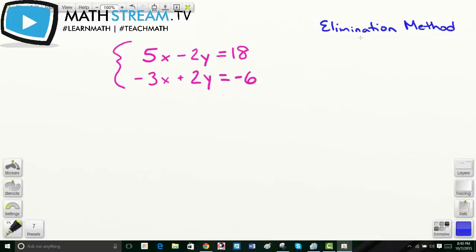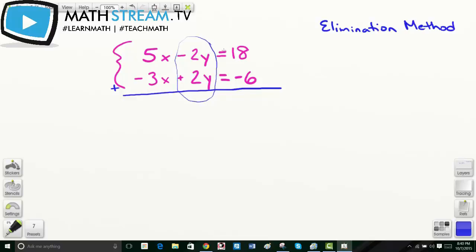The elimination method says that every now and then we end up with a pairing of two equations where if we were to add them together, just like when you were in elementary school and you were adding, you combine columns, right? Take a look at this column right here, negative 2y and positive 2y.